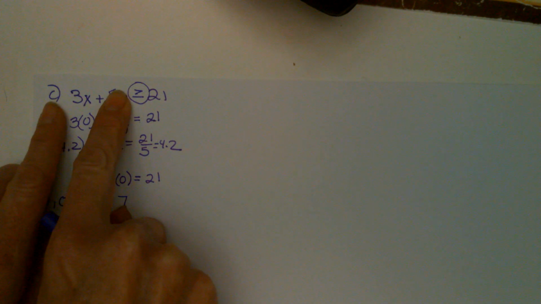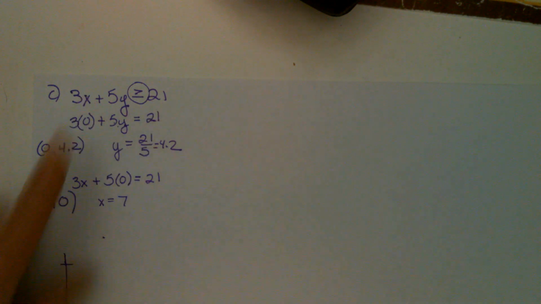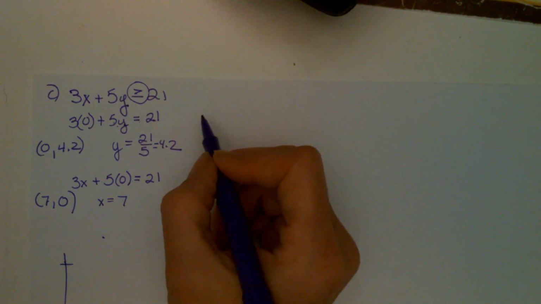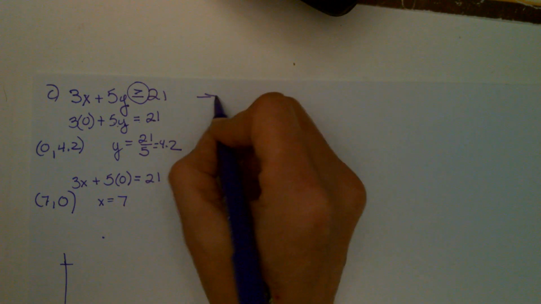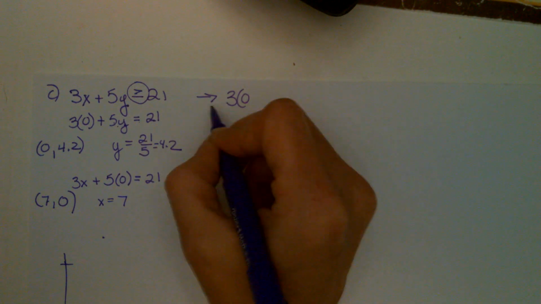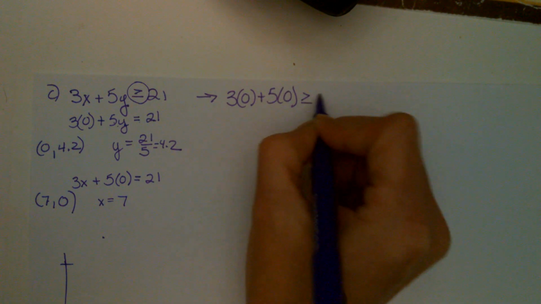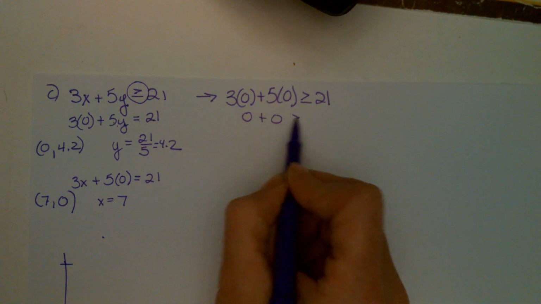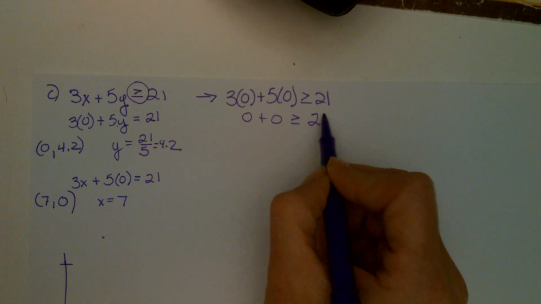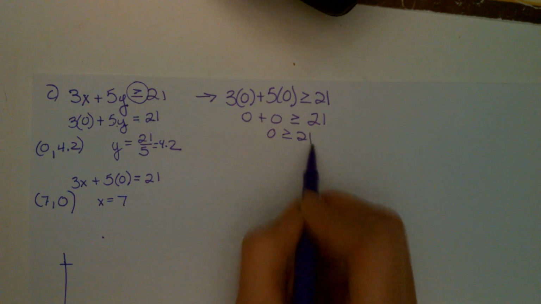Is 0 greater than or equal to 21? No. Let me show you what I did, because I don't want this to be confusing. I was trying to save space, but that's not good when you're teaching. My test point is (0, 0), and I get 0 plus 0 is greater than or equal to 21. That's false. 0 is not greater than or equal to 21.